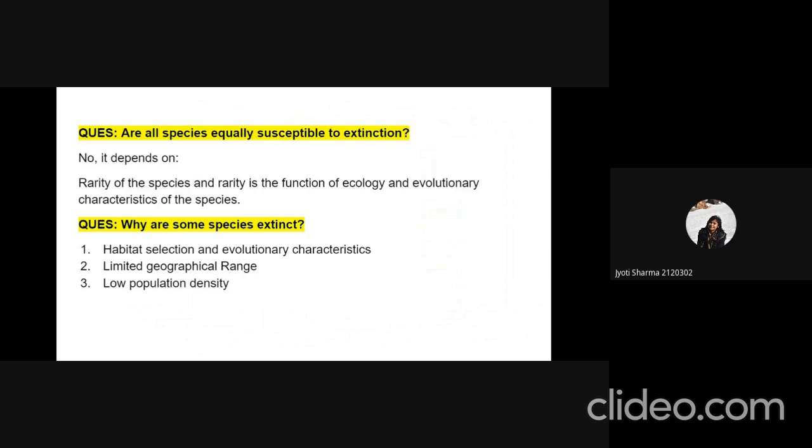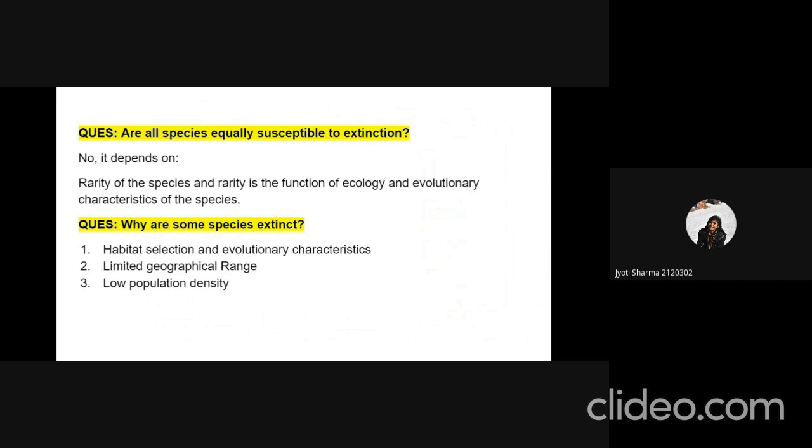The first is habitat selection and the evolutionary characteristics, because each specific species wants to live in a specific habitat, and if this is not the right habitat, then this species will not survive. Then we have the limited geographical range because of human intervention and climate.